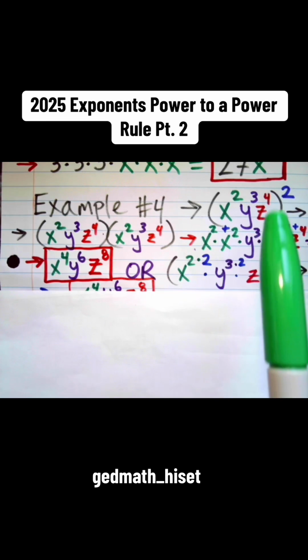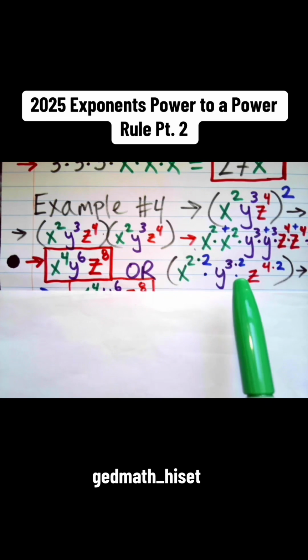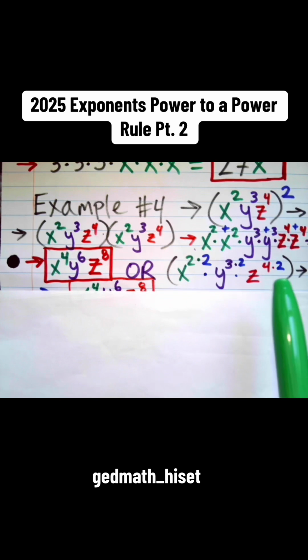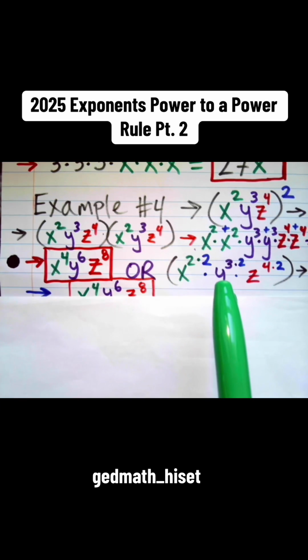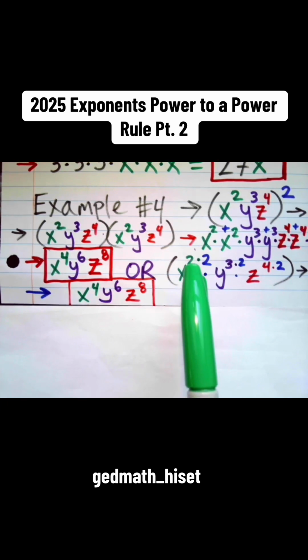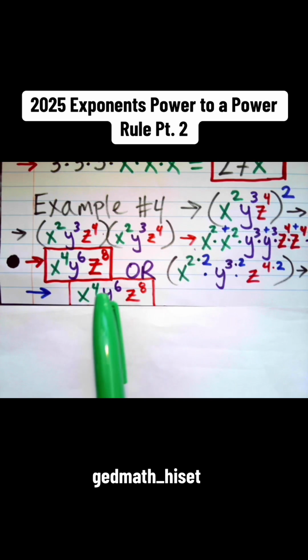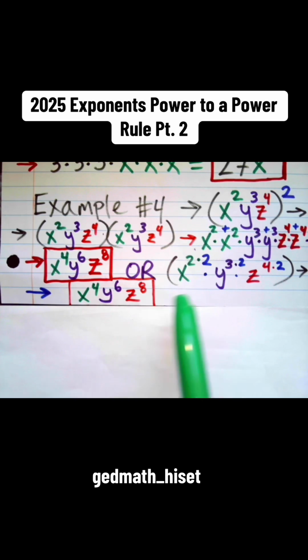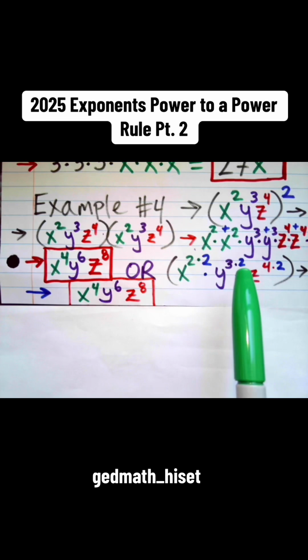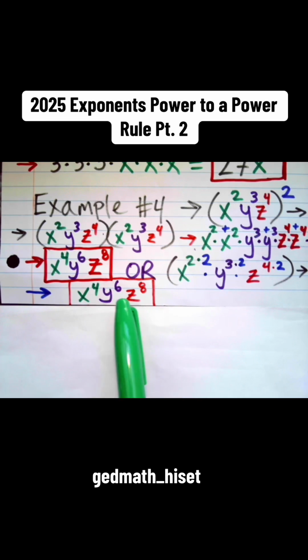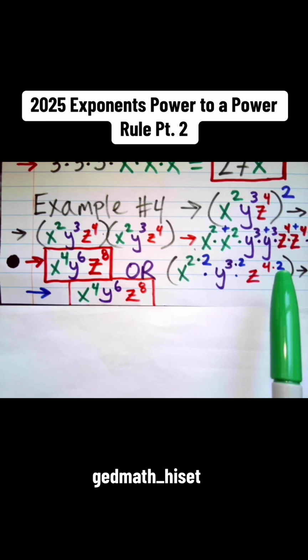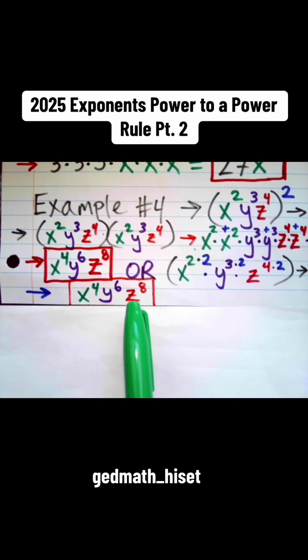Times y to the third times 2 times z to the fourth times 2. And now you can just simply multiply these terms. 2 times 2 is x to the fourth, times 3 times 2 is y to the sixth, times 4 times 2 is z to the eighth.